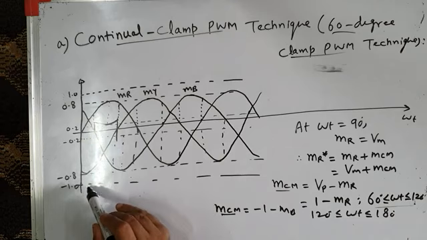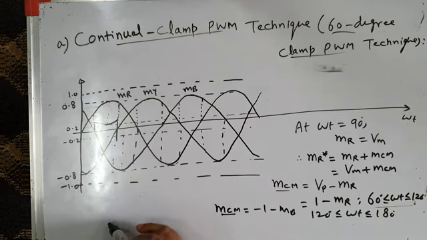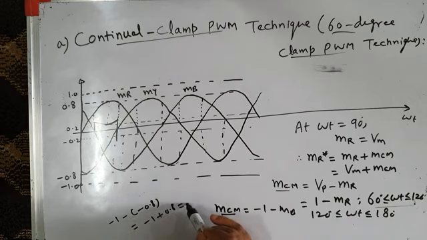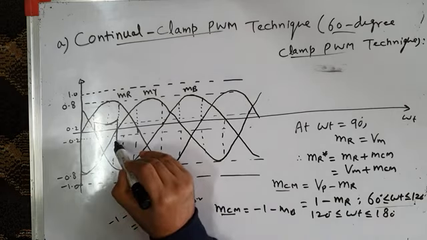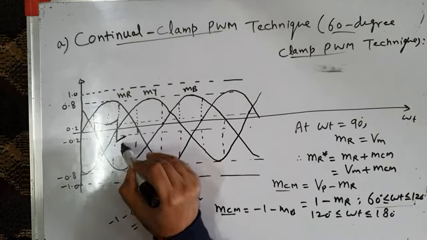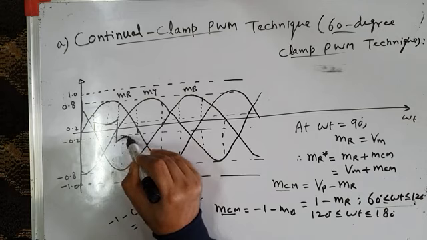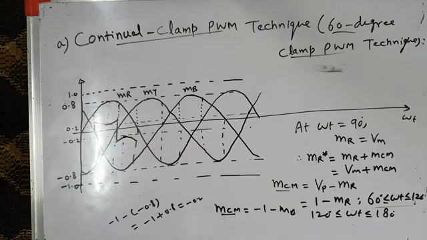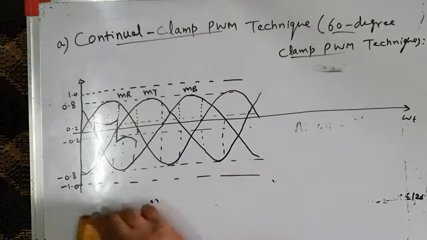At this instant, minus 1 minus 0.8 is equal to minus 1 plus 0.8, that is equal to minus 0.2. So that means it will go down and touch minus 0.2 near the peak of the modulating wave, and then it will rise again. Okay. This is from 120 to 180 degrees. Let us move ahead.